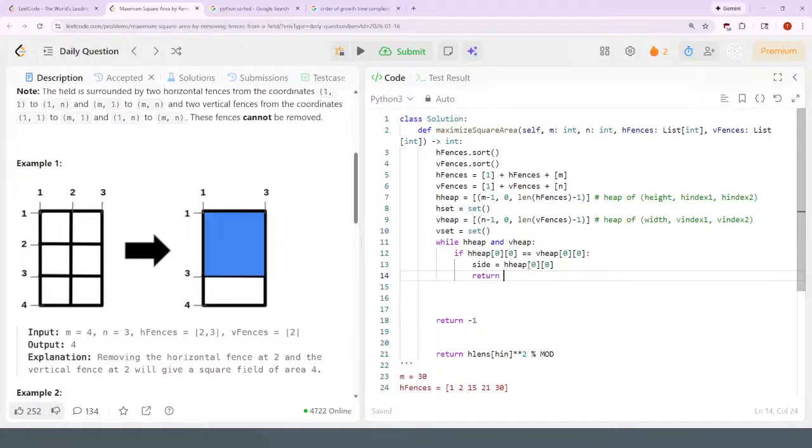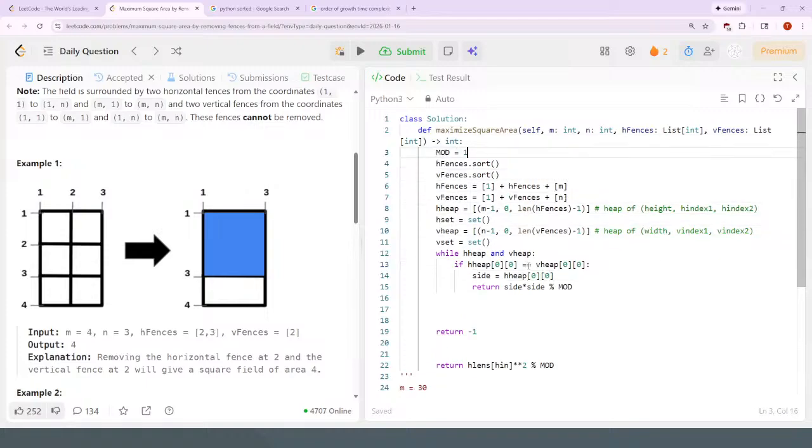And then just return side times side mod, where mod is 10 to the 9th plus 7. Okay, so that's 1.